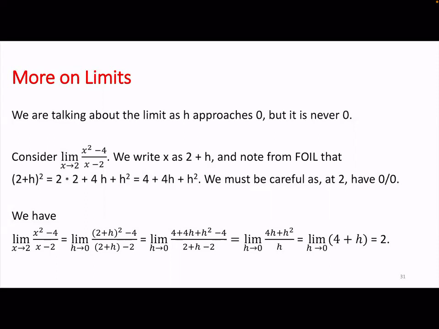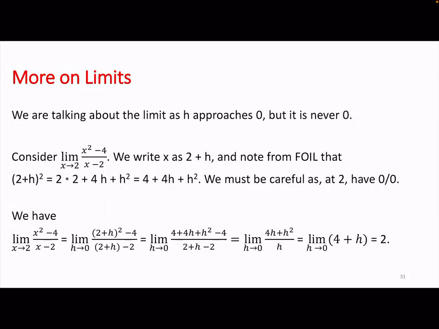And what's nice is this limit makes sense. If you looked at what was going on initially, if you just plugged in x equals 2, we would have 2 squared minus 4, which is 0 upstairs. And we would have 2 minus 2, which is 0 downstairs. We have 0 over 0. So we can't compute 0 over 0. We have to be very careful when we have 0 over 0. This is one of the uncomputables.